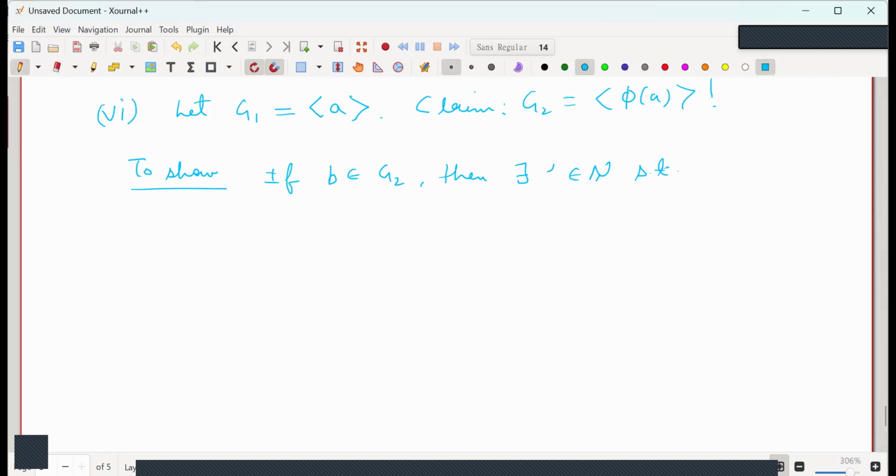Say there is some K belongs to N such that B is phi A raised to K. If you are taking addition notation, then this would come here, right? It's just that phi of A is being operated to itself K many times. So we need to show that everything is just a power of phi A.